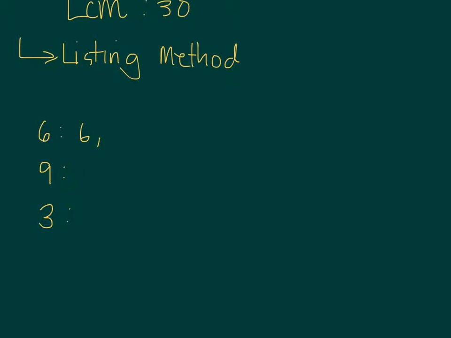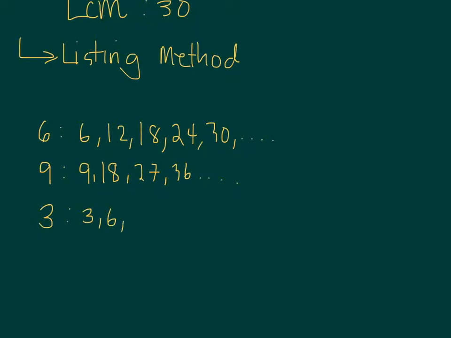So 6, I can have 12, and then 18, and then 24, and 30. And let's just limit it to 30 for the meantime. Then let's try to add multiples later. So for 9, we have 9, then times 2 is 18, times 3 is 27, times 4 is 36, and so on. For 3, I have 3, 6, 9, 12, 15, 18, 21, and so on.